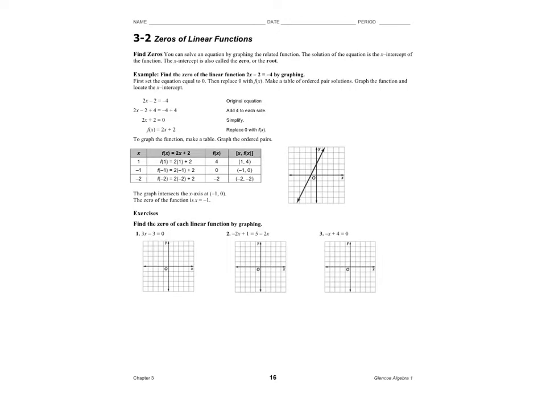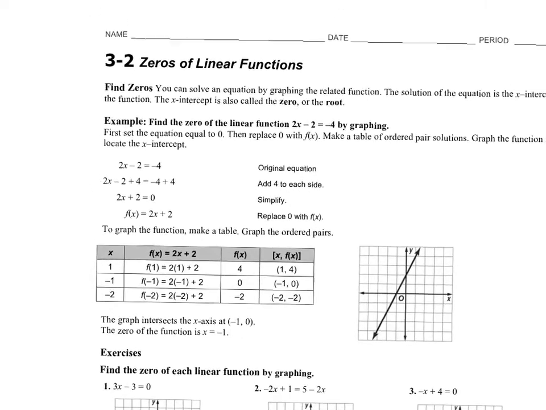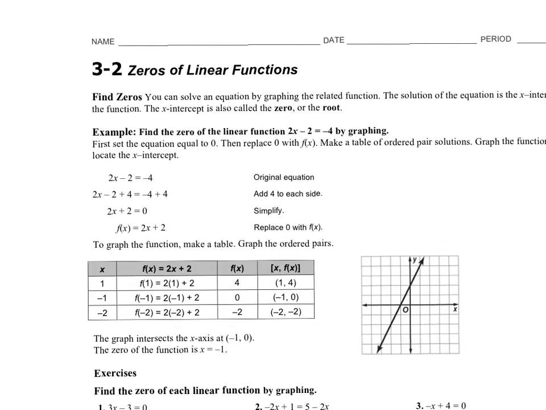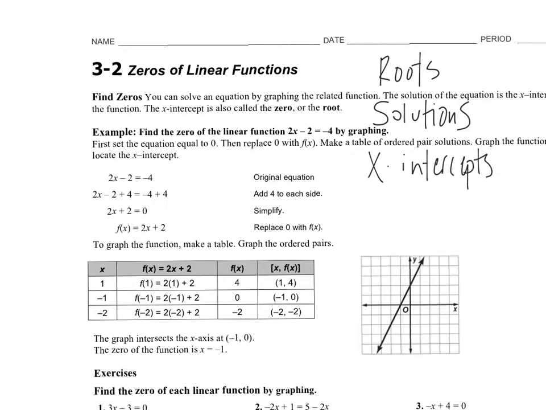And we're going to be talking about these fun things called zeros. So let me first give you some other words as well. So in math, we also have these things that we call roots, solutions, and x-intercepts, right, as well as zeros.